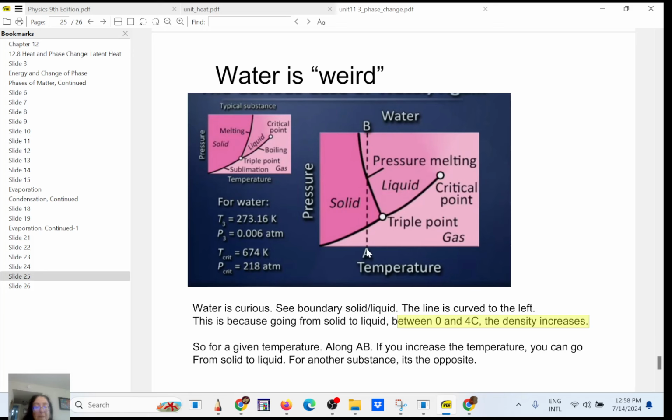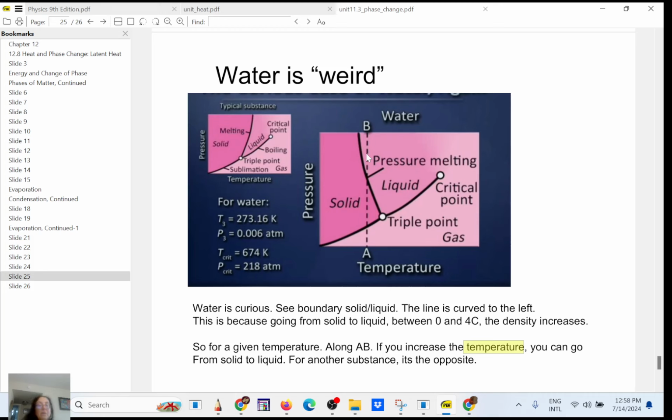Okay. Let's say you are at a given temperature. So here you have like a typo. You are at a given temperature, you're going to increase the pressure. Okay. You're going to go from solid to liquid. Okay. You can go from solid to liquid just by increasing the pressure, which is kind of counterintuitive, right?